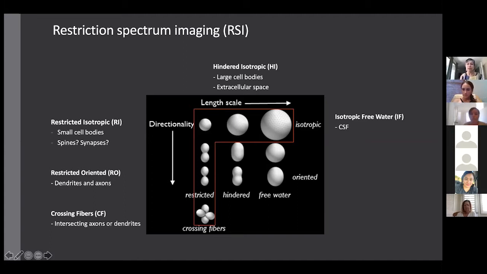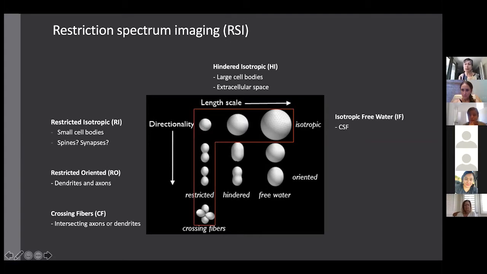So starting at the smallest scale of restricted diffusion, again, this most likely corresponds to diffusion within cell bodies. And we have 3 different measures for restricted diffusion: restricted isotropic, which would correspond to small cell bodies; restricted oriented, reflecting axons and dendrites; and crossing fibers, where those axons or dendrites cross.